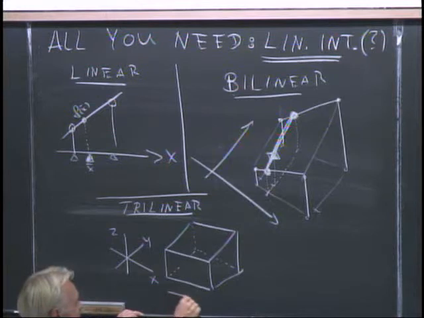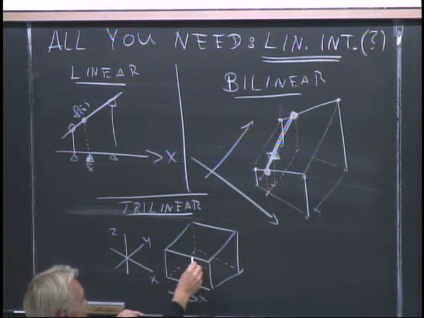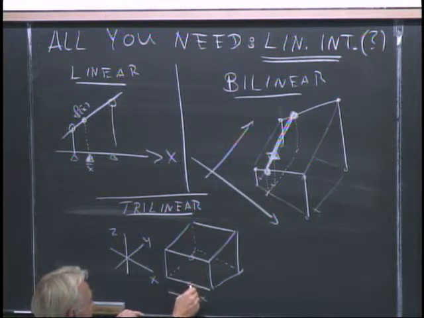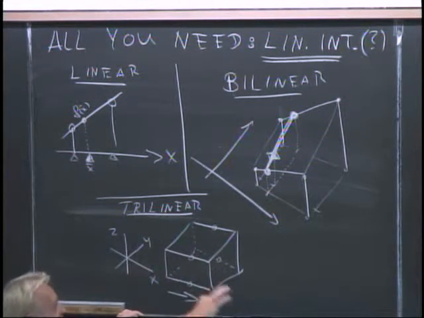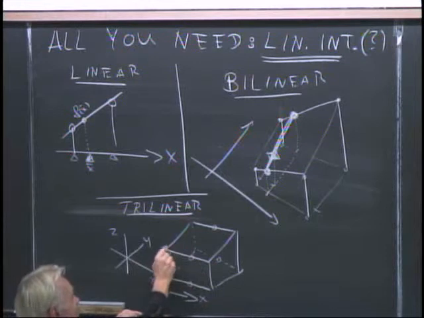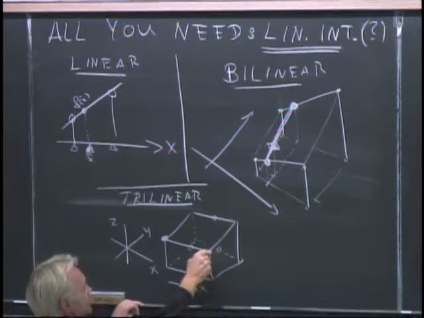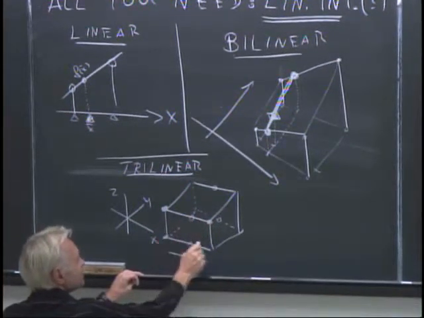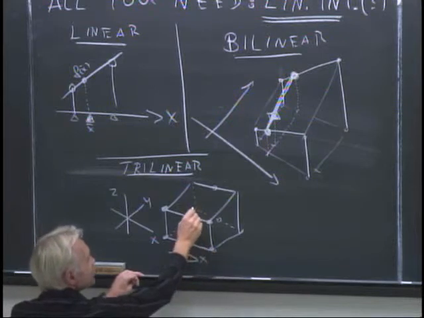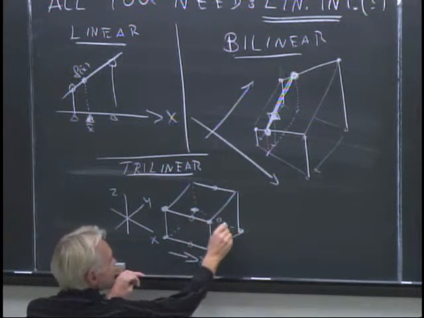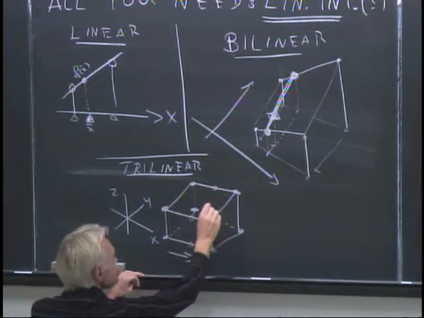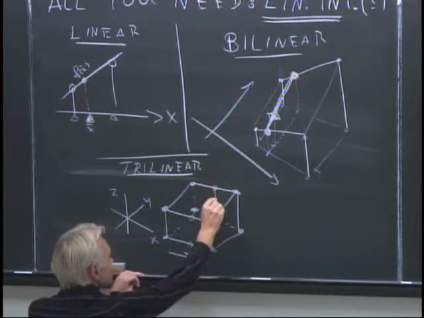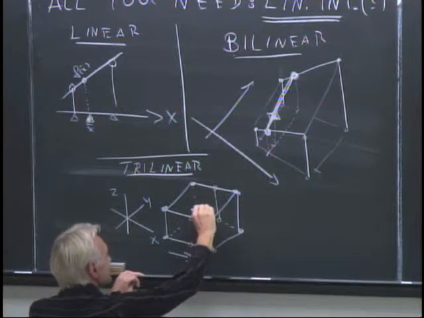So first you would evaluate linearly in x to get, say, these points, from here to here, and you get a value here, and then you do the same. This guy and this guy interpolate in a linear way gives you this, and this gives you a new quadrilateral which lives here.